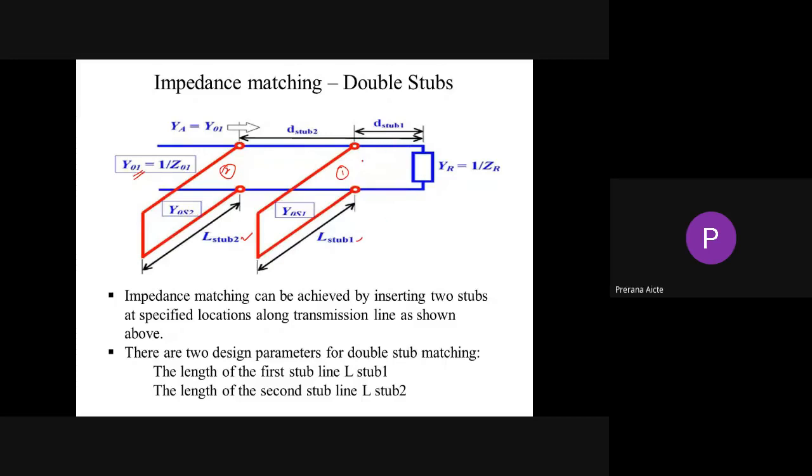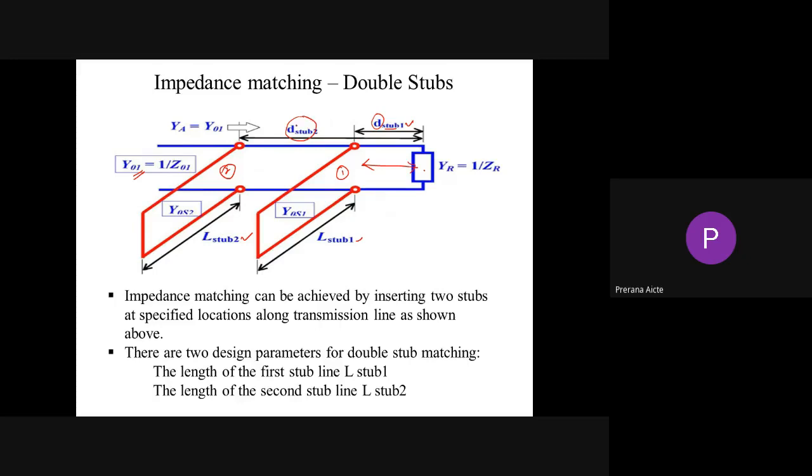Now, the location of stub 1 from the load is D stub 1. That is the distance of stub 1 from the load. And D stub 2 is the distance of stub 2 from the load, not from the source.